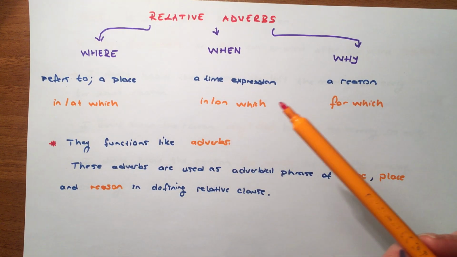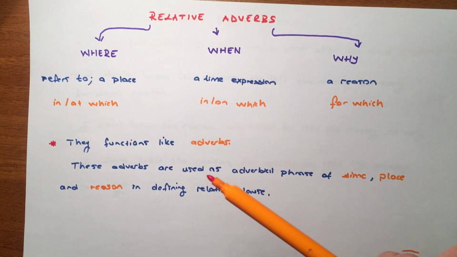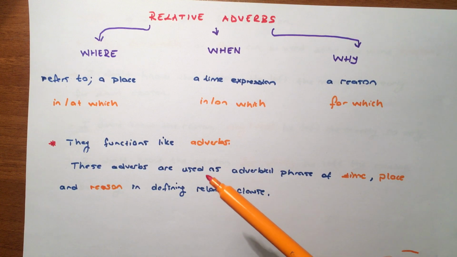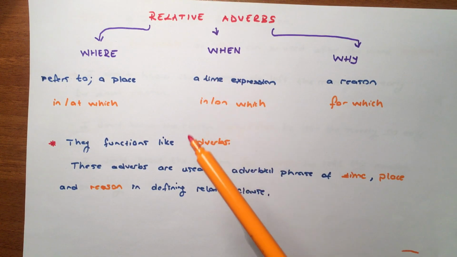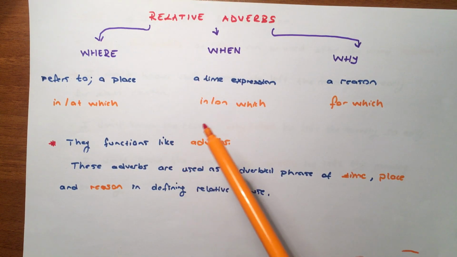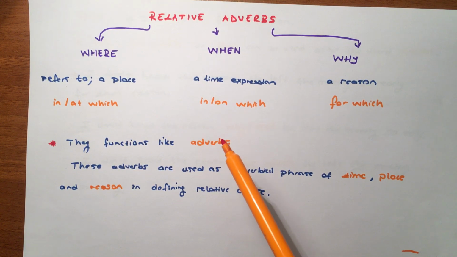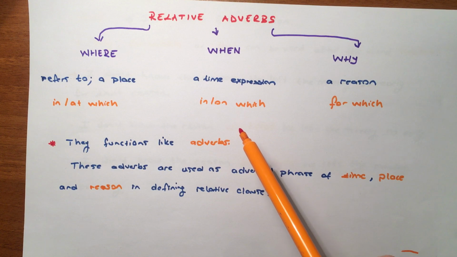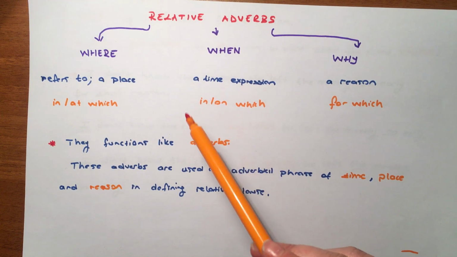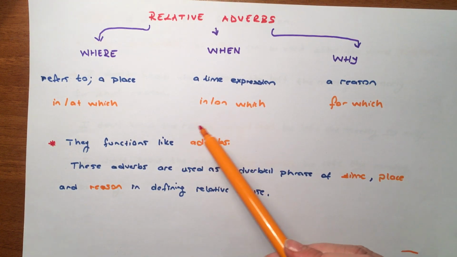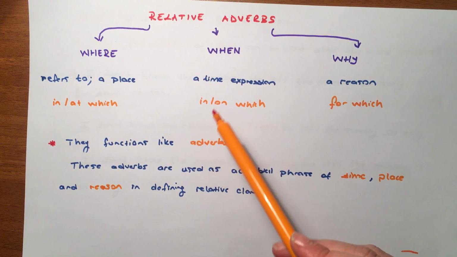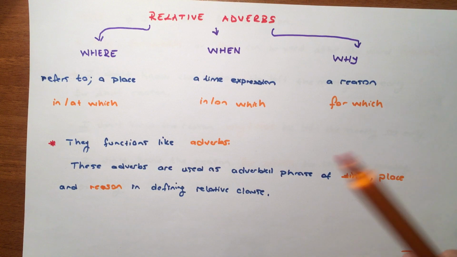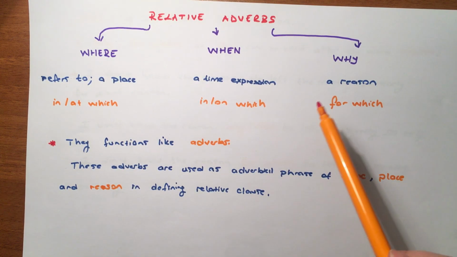If we give information about a time, a day, a year, a date, we use when. Instead of when, again, you can use in or on which. On which is used for days, and in can be used for a year, a month, a season, and so on.